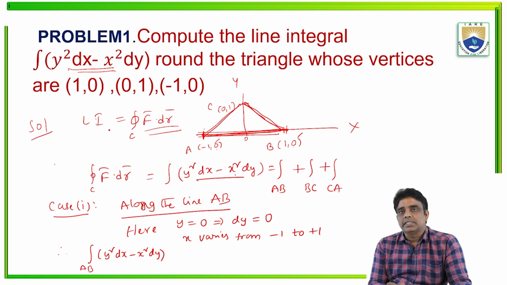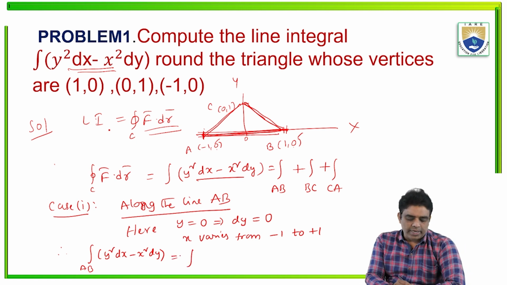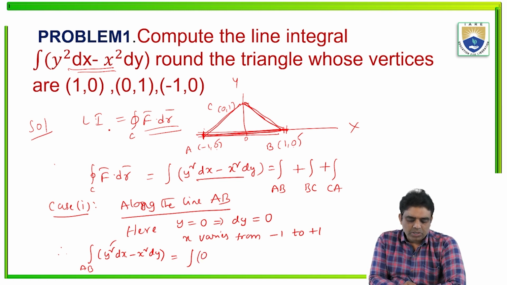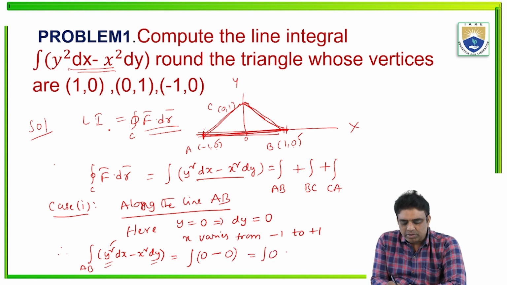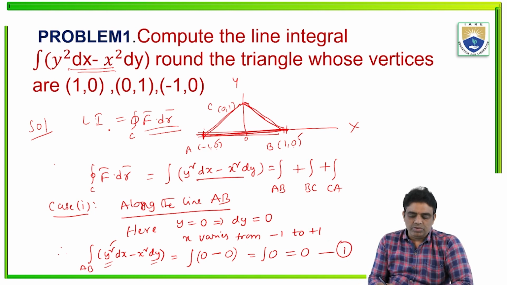Since y is 0, the first term is 0, whatever dx may be. Minus x square dy: dy is also 0. So 0 minus 0, the integral of 0, that is 0. The case 1 line integral value is equal to 0.